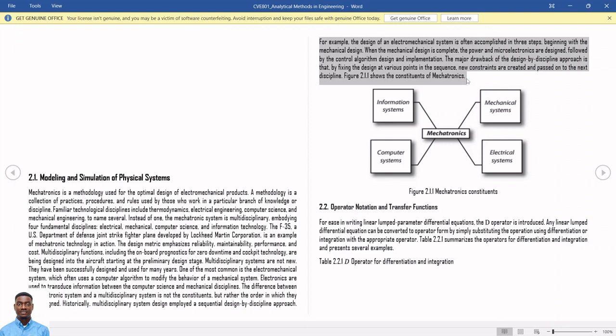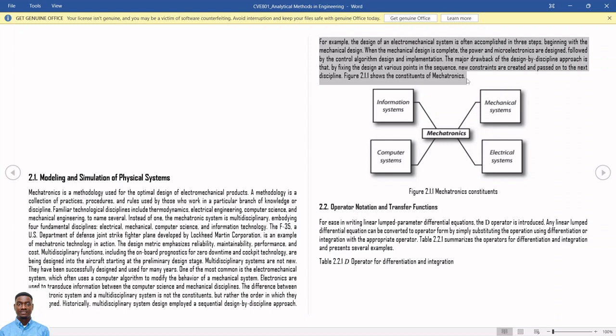So the constraint that happens on the design based on the work of discipline A is passed on to discipline B. And that is what mechatronic system design eliminates, because such constraints are not passed on to the next discipline, since all the disciplines are working together concurrently.